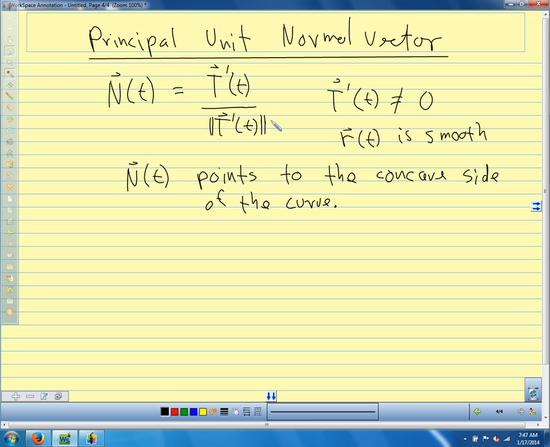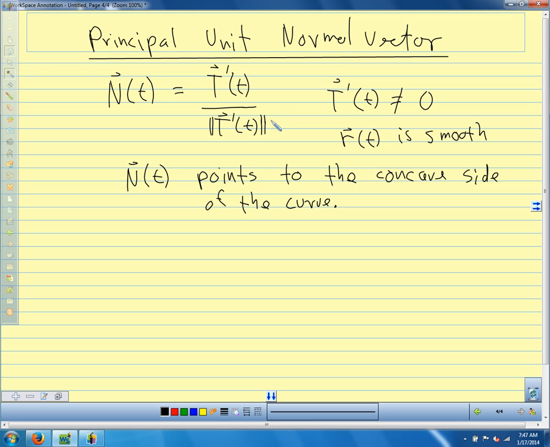What we're going to do with the unit tangent vector and the unit normal vector, in the next section, is think about the acceleration on our curve, and we're going to talk about a tangential component of acceleration and a normal component of acceleration.